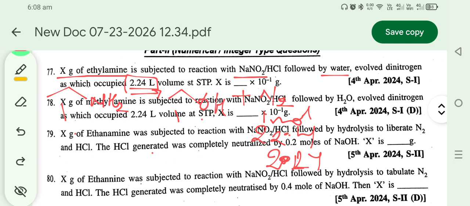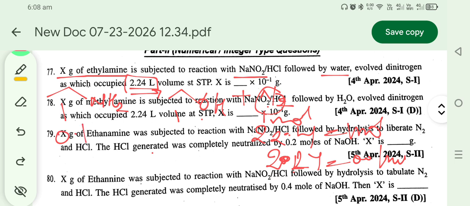2.24 liters, compared to 22.4 liters for 1 mole, indicates 0.1 mole. For 0.1 mole of nitrogen produced, the reactant used is also 0.1 mole.